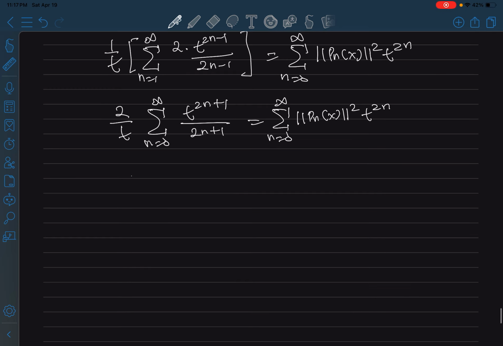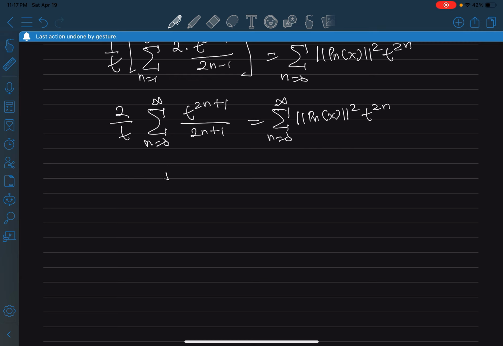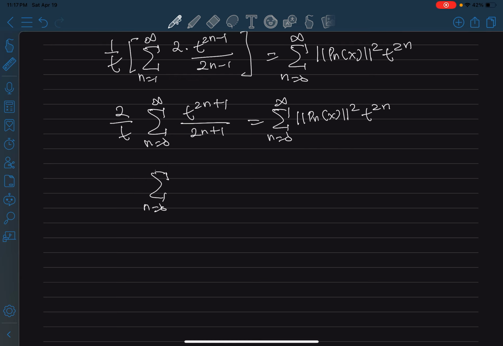Now I can divide by t, which gives me 2 times, let me take the 2 inside, the sum from n equals 0 to infinity of 2 times t to the power 2n by 2n plus 1, equals the sum from n equals 0 to infinity of the norm of P_n(x) squared t to the power 2n.